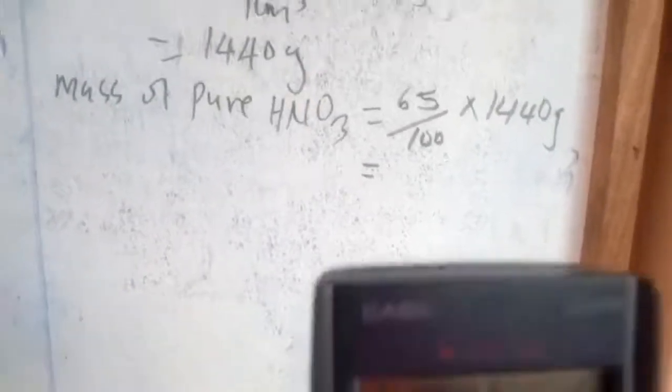It is well illustrated there, and the answer is 936. You write it here, 936 grams, and that is the mass of pure nitric 5 acid.